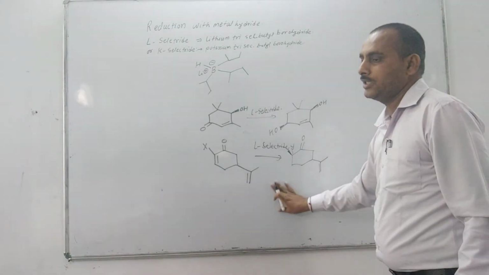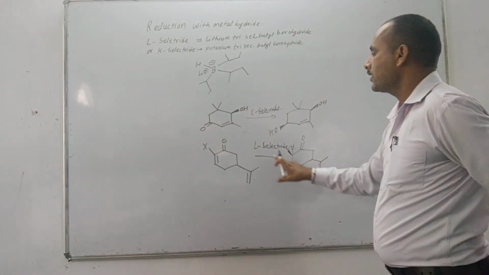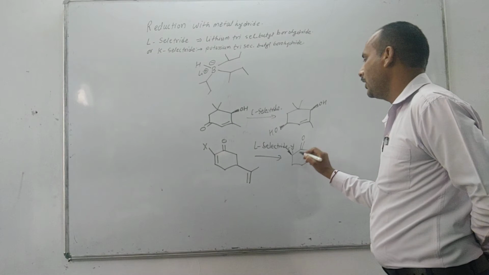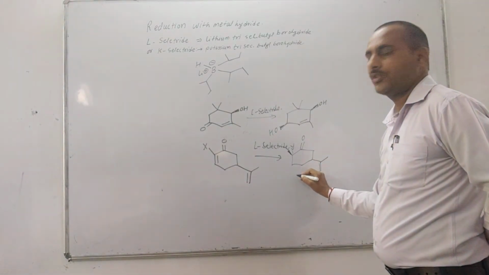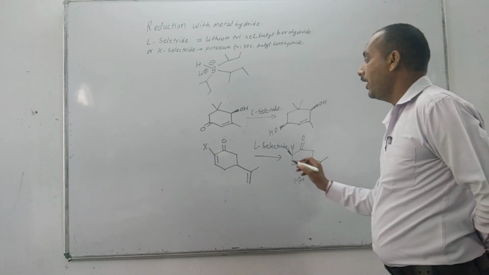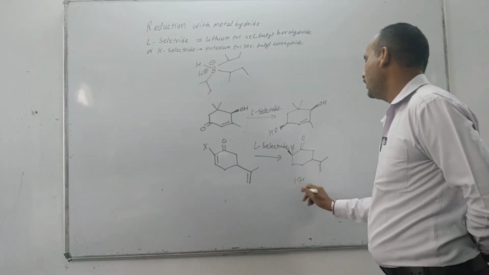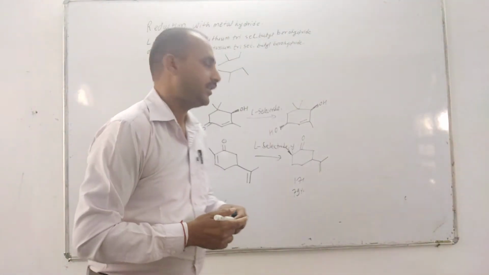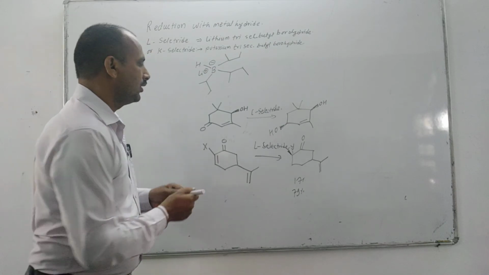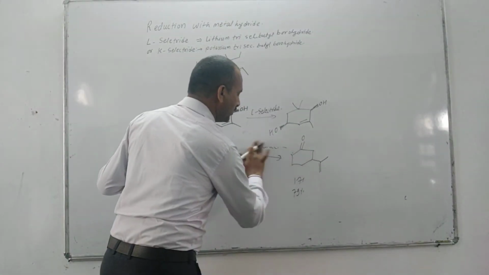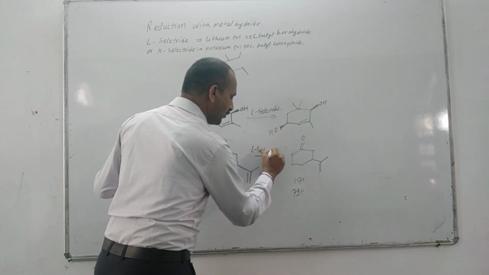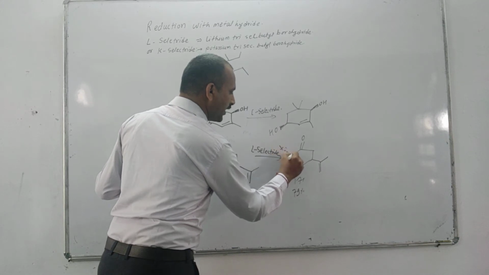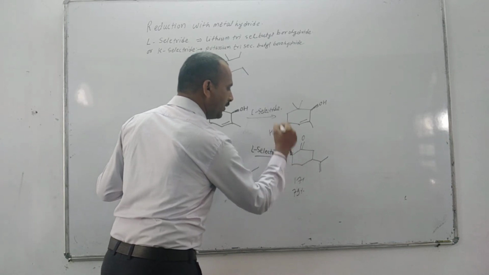Now this product is obtained when X is Me group, then 17% product is obtained. And if X is hydrogen, then this 79% product is obtained. Means the hydride, see here is L-selectride, X group is present below side and Y group is present on upside.